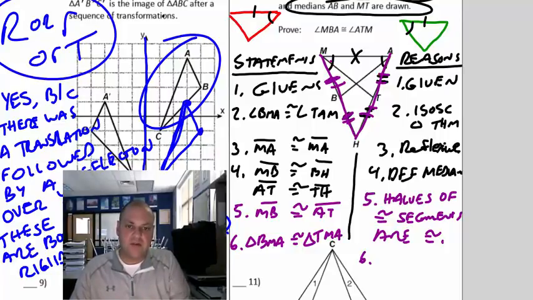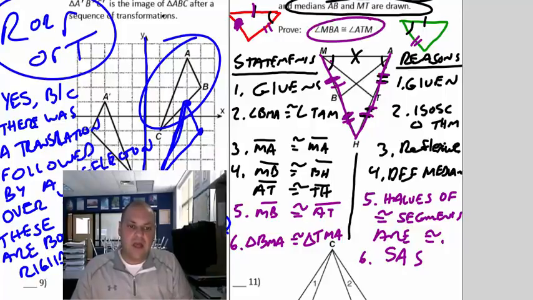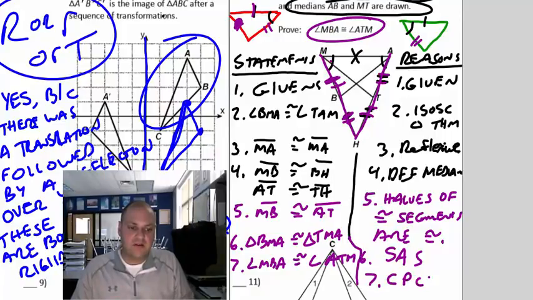We have one side, angle, side, and then angle MBA is congruent to angle ATM, and that's CPCTC.